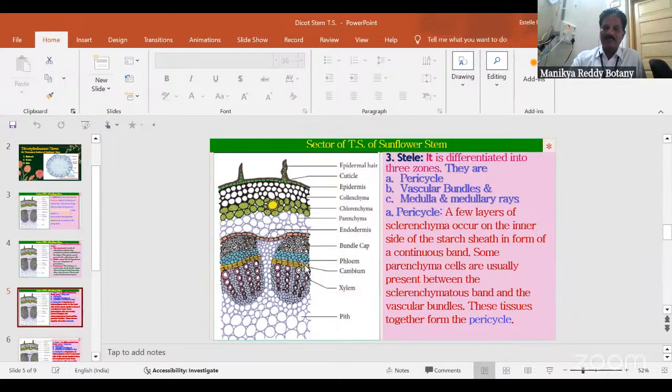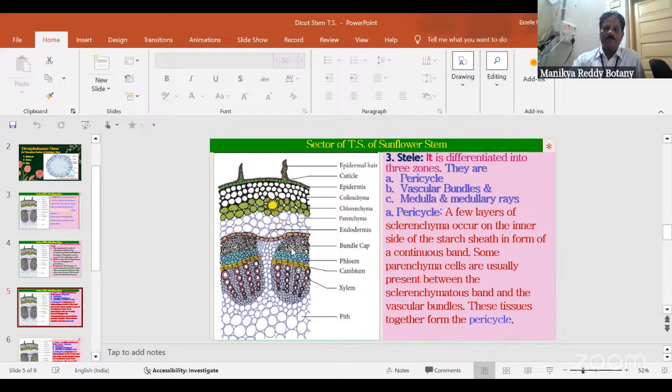It is like a discontinuous ring, or a continuous ring in some plants. This is like a continuous ring. Here you can see a discontinuous ring. It is like a cap just over the vascular bundle, which provides mechanical support.